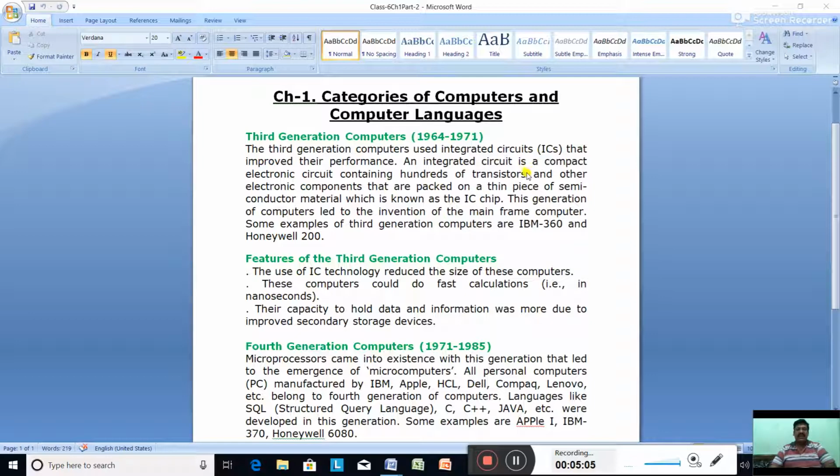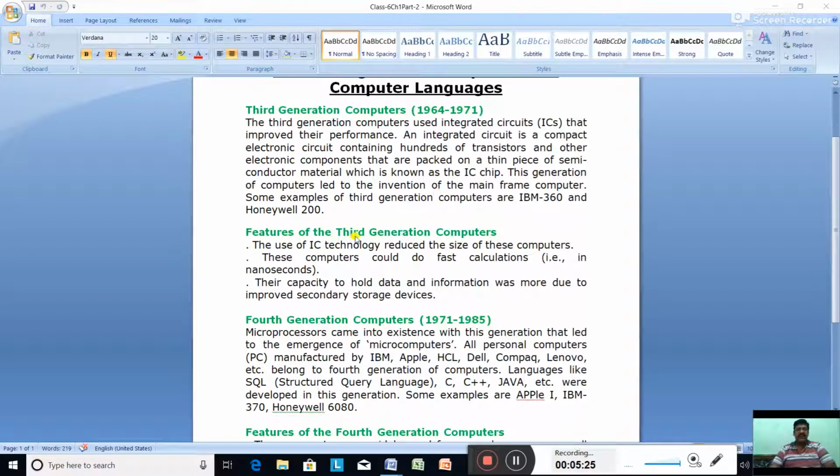ICs. What is IC? It is a compact electronic circuit which contains hundreds of transistors and other electronic components. And these are packed on a thin piece of semiconductor material which is known as the IC chip. And semiconductor means neither a good conductor nor a bad conductor of heat and electricity.